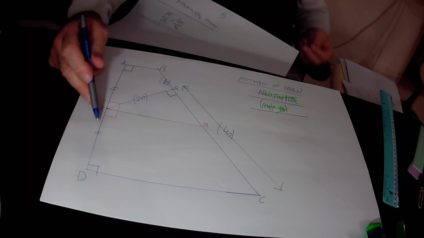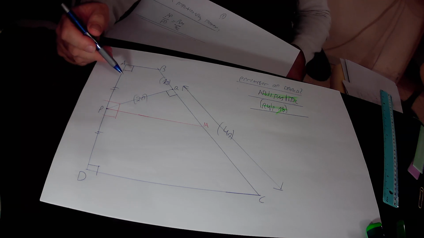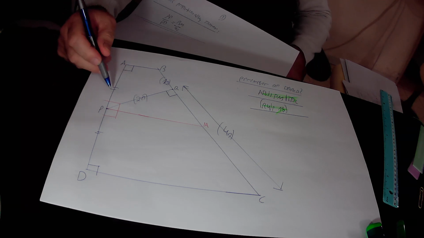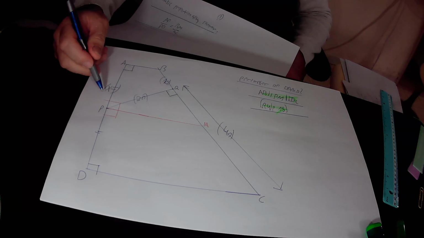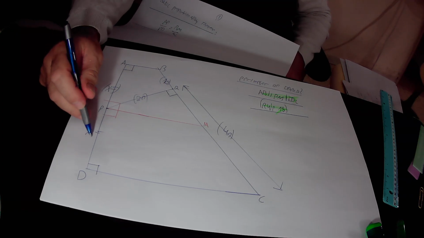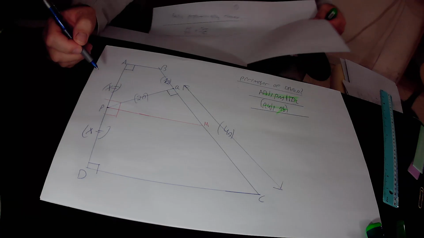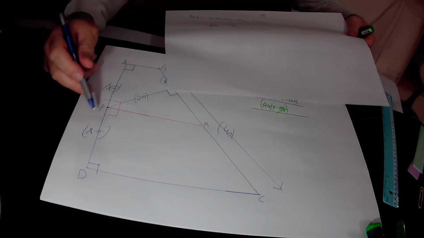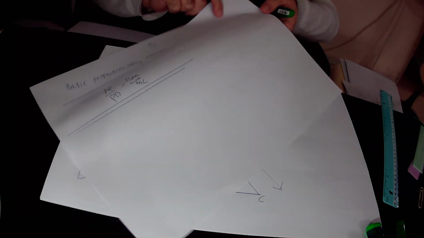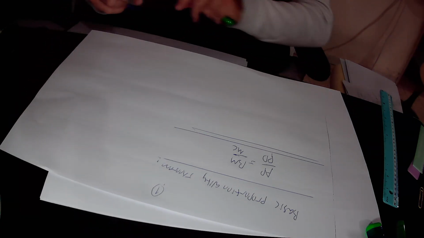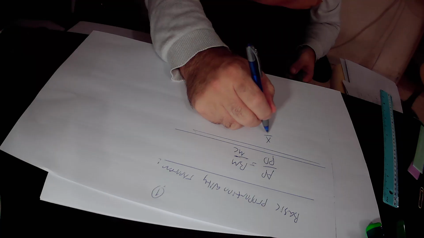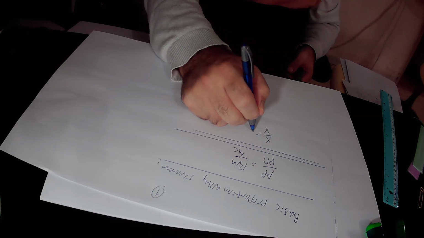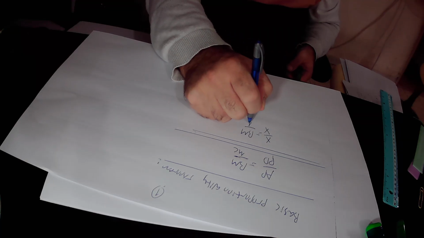AP equals PD according to what is given in the question. So if you define the length of AP as x, then PD must also be equal to x, because they are equal to each other, according to what is given in the question. So AP over PD is x over x, and x over x equals BM over MC.